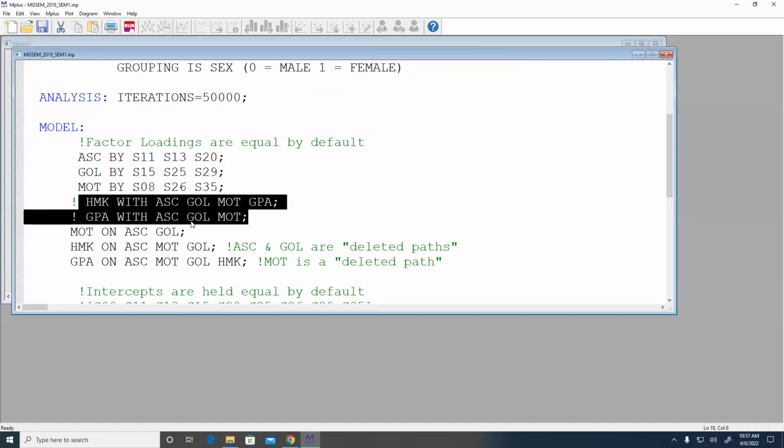But actually here, the only correlation that would be by default would be between the two exogenous variables, which are academic self-concept and goal evaluation, right? Because here I've got motivation on academic self-concept and goal evaluation. So here I definitely would not want to run it with those statements in the model. So let me get rid of that, because that would do all kinds of bad things.